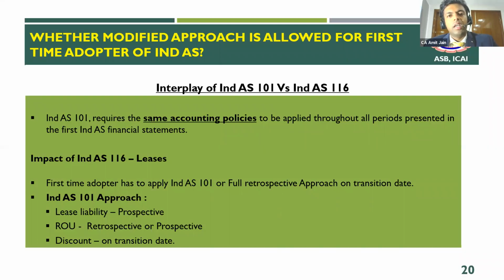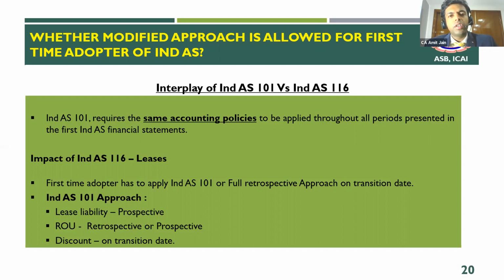However, IND-AS 116 will get effective in that particular scenario from 1st April 2019 if he had adopted the modified approach. So this results in a contradiction of IND-AS 101 versus IND-AS 116. Therefore, the modified approach is not allowed in case of a first time adopter. So the question arises, how should the first time adopter apply the provisions of IND-AS 116? There are two options.